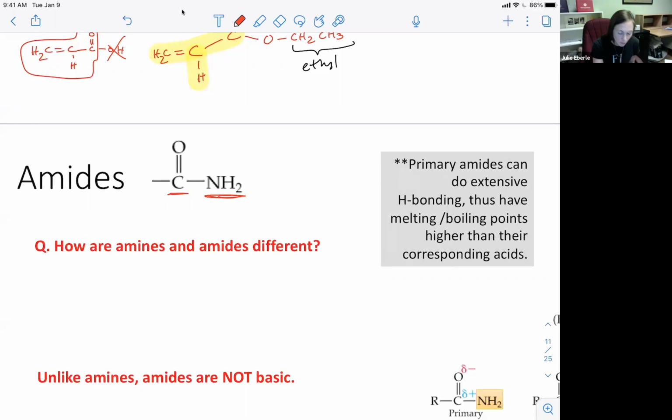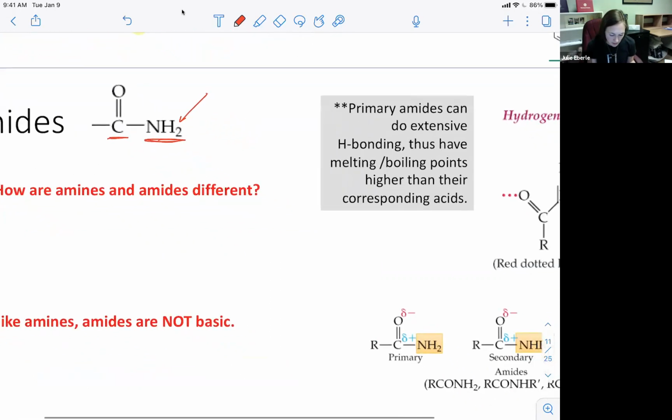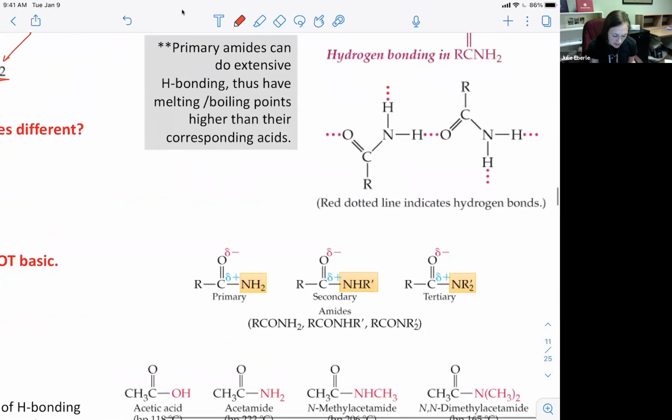The only thing is we can have wildly different kinds of amides. So right now you see that both things branched off the nitrogen are hydrogens. Those can be so many different kinds of groups. For example, let me scroll down here. That's a primary amide. You could have secondary or tertiary amides, where you have only one hydrogen bonded and then some kind of carbon group, or no hydrogens bonded and two carbon groups bonded to that nitrogen.